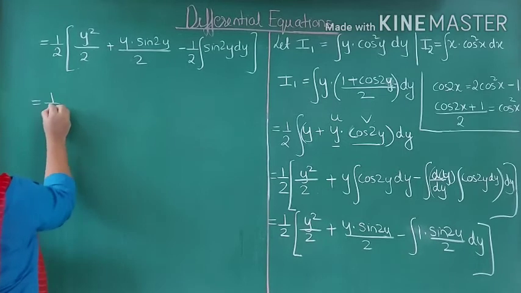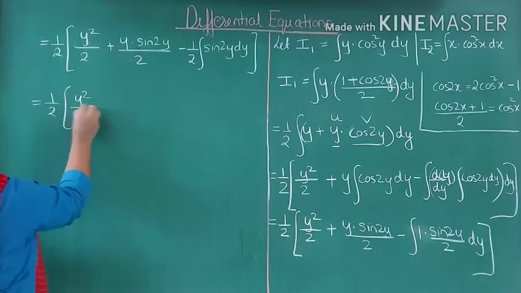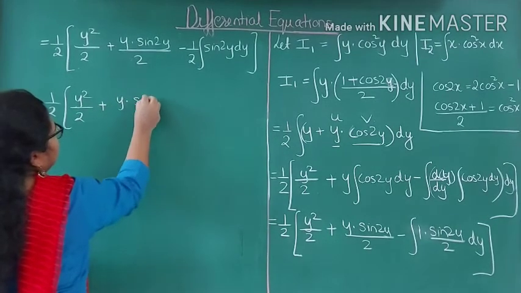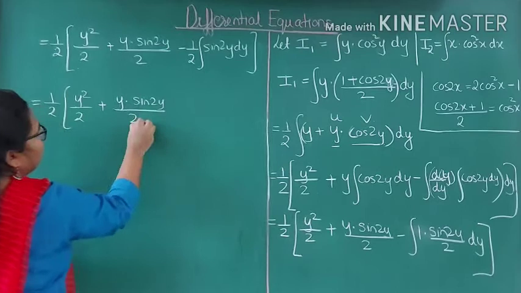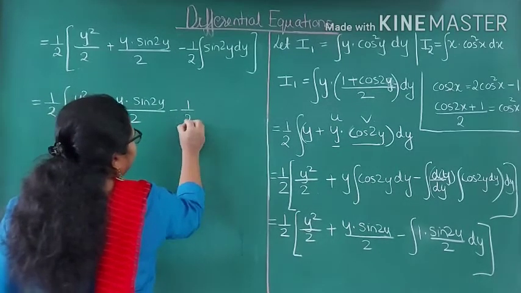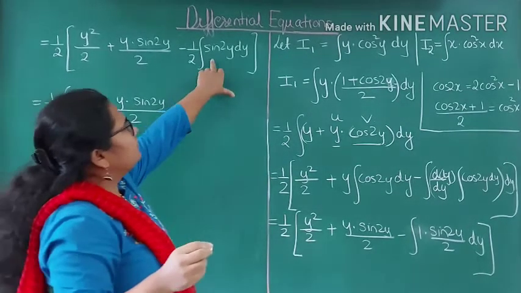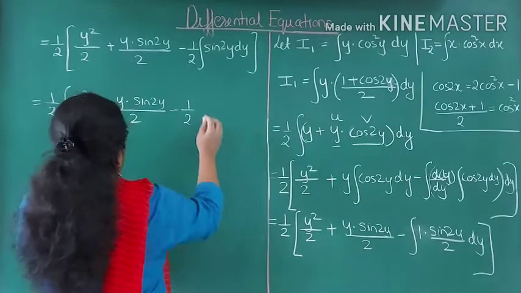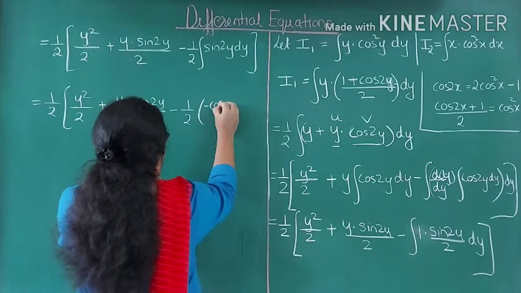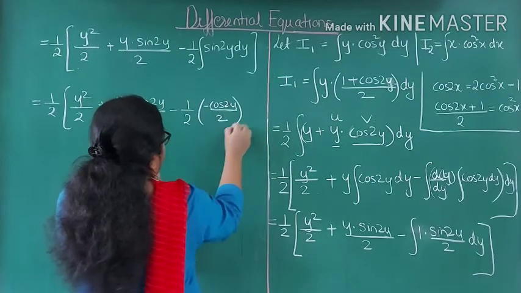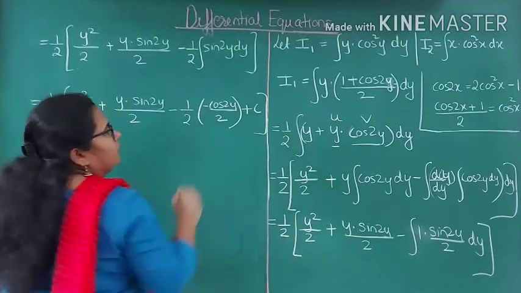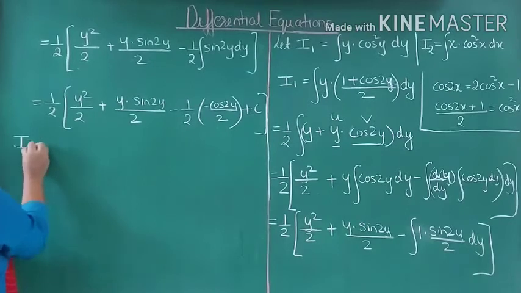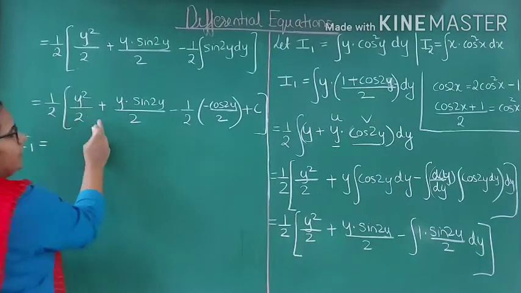Yes, so 1 by 2 into y square upon 2 plus y into sin 2y upon 2 minus 1 by 2. Now what is the integration of sin 2y? It is minus cos 2y upon 2, and plus c, the constant of integration. Now we just write the complete answer. So I1 is equal to half, we can multiply inside.